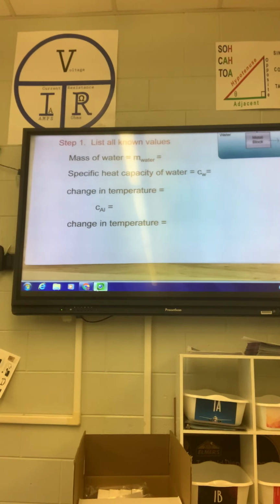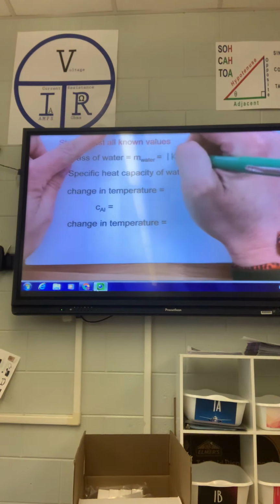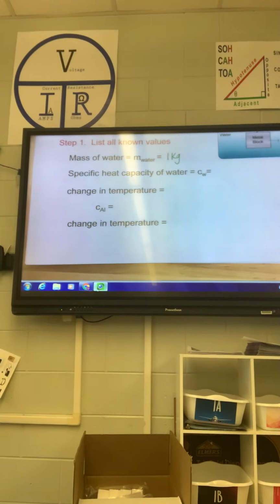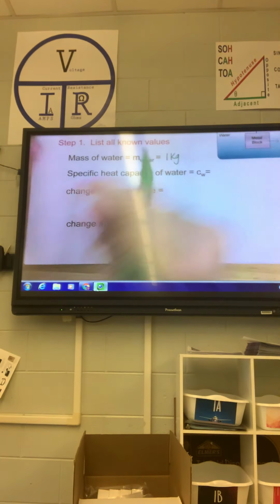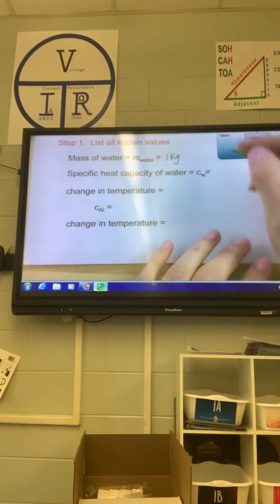So what's the mass of the water? 1 kilogram. Remember I told you you'd always know heat capacity? They didn't tell you up here, so I'm going to tell you right now.